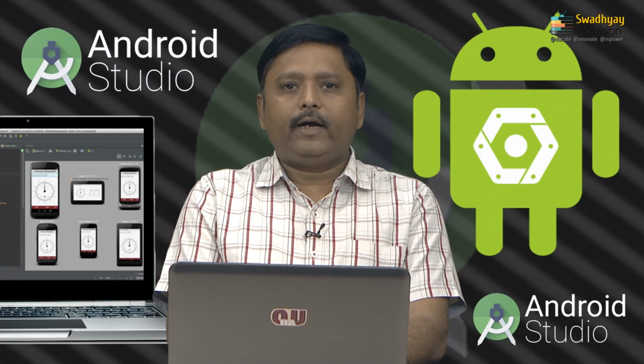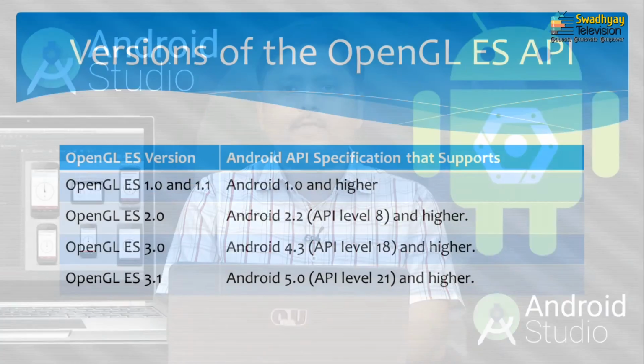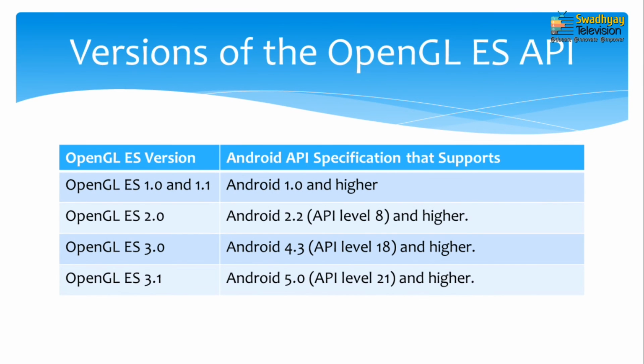Now, we look at the different versions of OpenGL ES. You can see on the screen that the initial versions OpenGL ES 1 and 1.1 are supported from the very beginning, that is Android 1 and higher. From API level 8, or Android 2.2 Froyo and higher, it includes support for OpenGL ES 2, and Android 4.3 with API level 18 and higher supports OpenGL ES version 3 also.